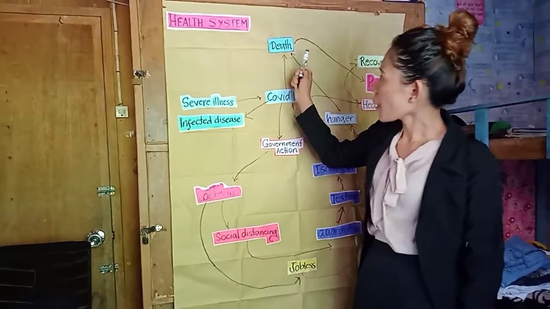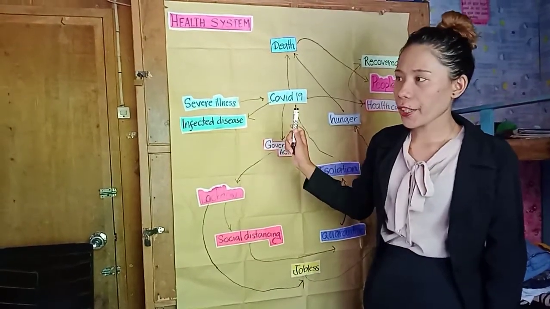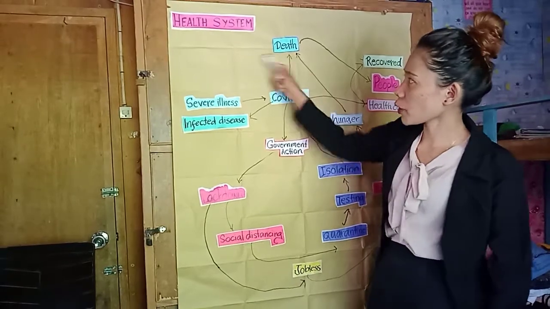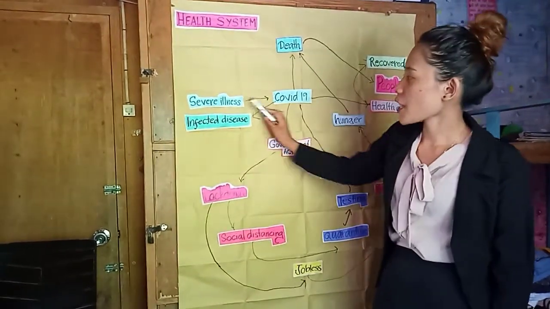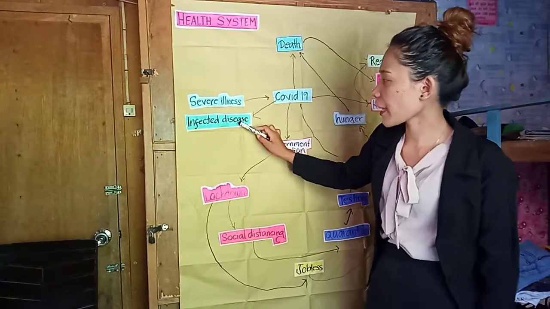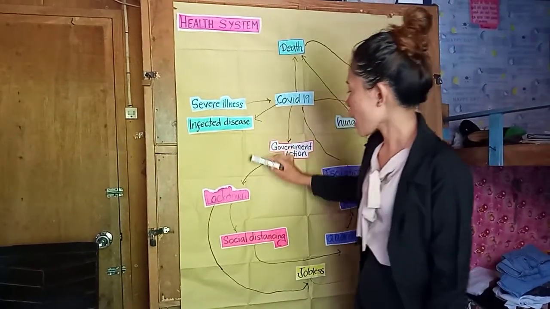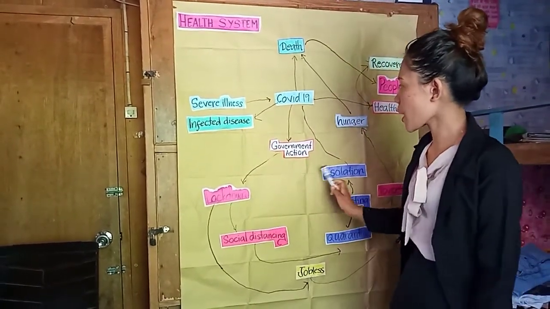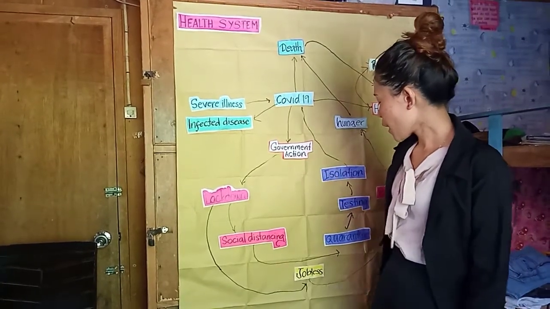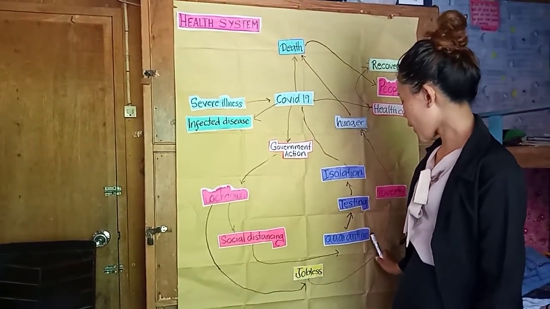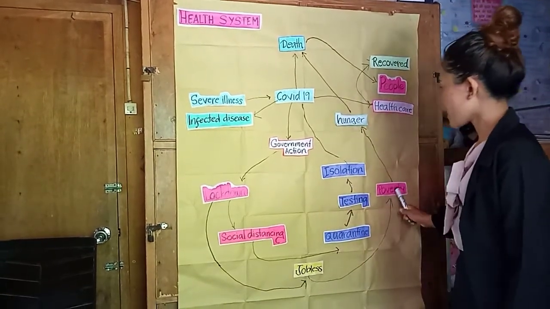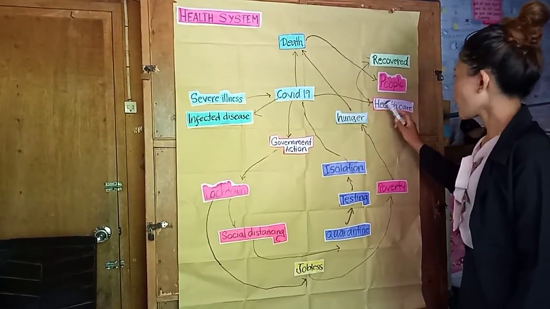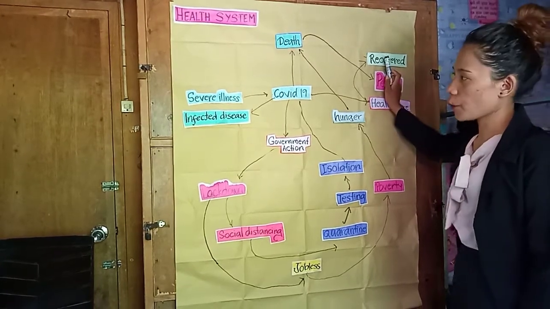Now I have gathered variables relevant to the health system, which are death, COVID-19, severe illness, infected disease, lockdown, social distancing, government action, jobless, quarantine, testing, isolation, poverty, hunger, healthcare, people, and recovery.